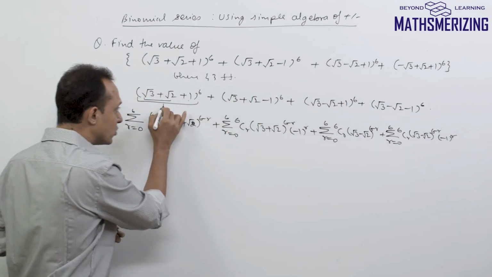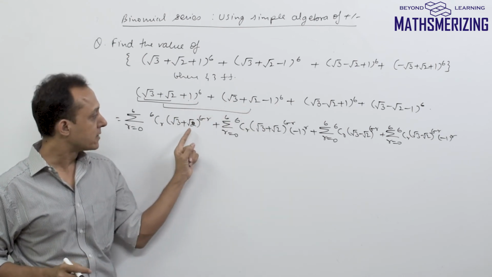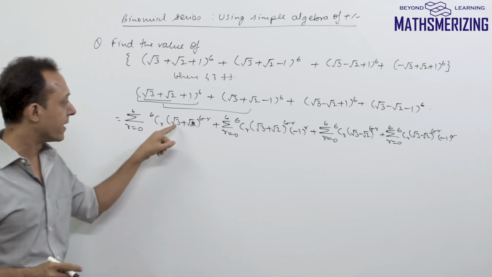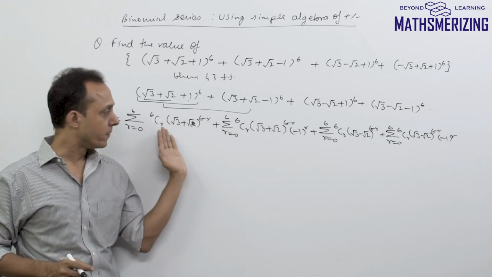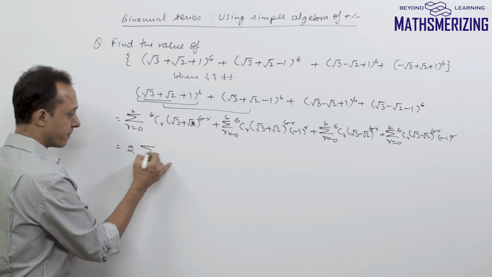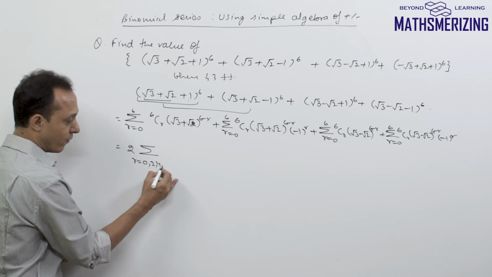Now if I look at these two terms, it is nothing but a plus b and a minus b. So when r is an odd number, these two terms will cancel, and when r is an even number, they'll add up, right? So I'll write it as 2 times summation. Now r will take only even values, so r will be either 0, 2, 4 and 6.